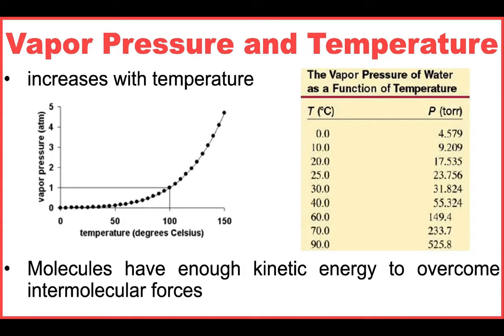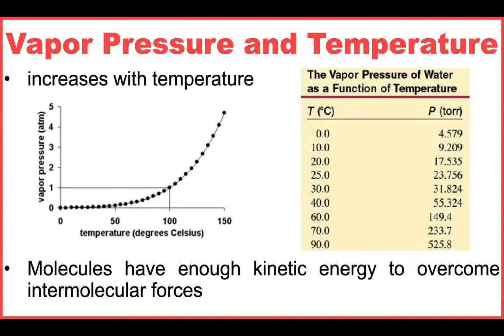This graph shows the vapor pressure of water versus temperature. When temperature is high, more molecules have enough energy to escape from the liquid. At lower temperature, fewer molecules have sufficient energy to escape from the liquid. This is because more molecules have enough kinetic energy to overcome the intermolecular forces.